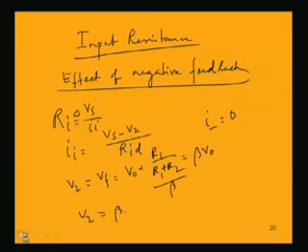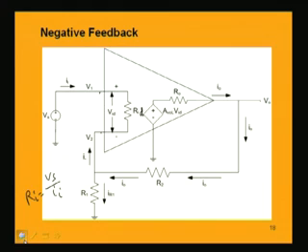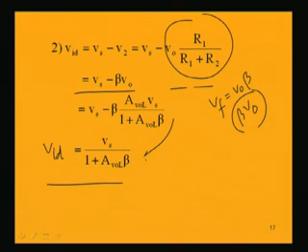Now, what is V0? If we look into this circuit, V0 is equal to AVOL into VID, and what is VID? We have already found VID to be equal to this value, Vs minus this term.